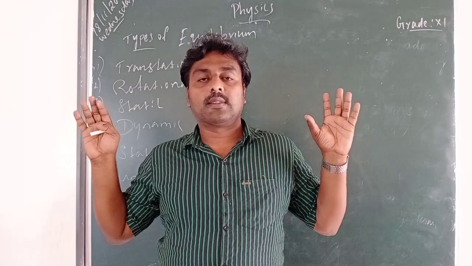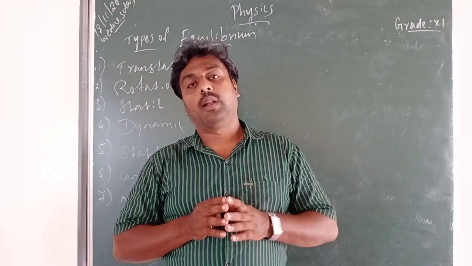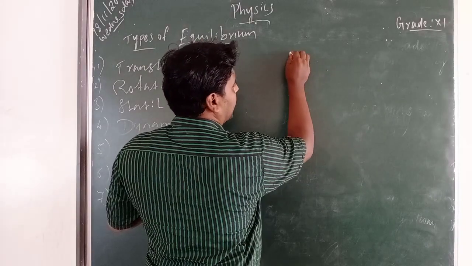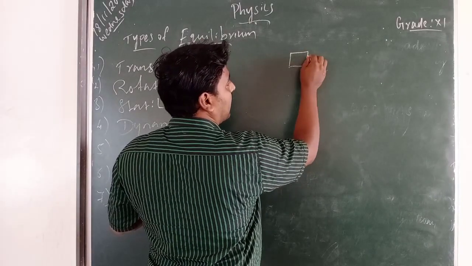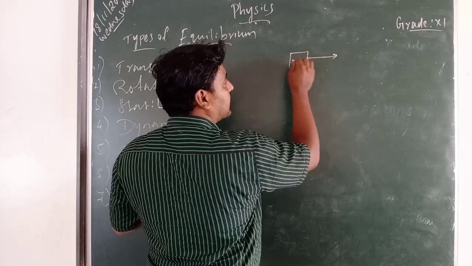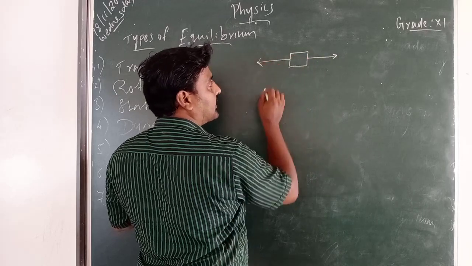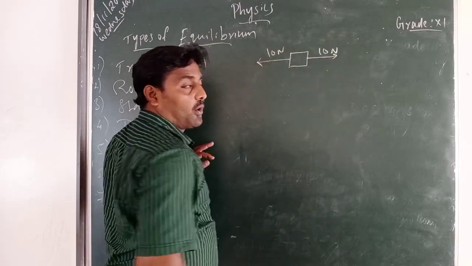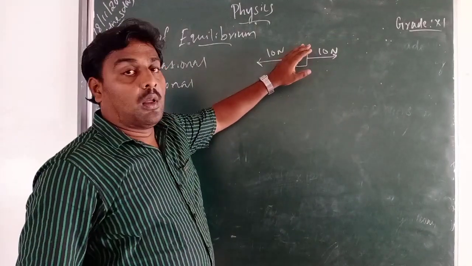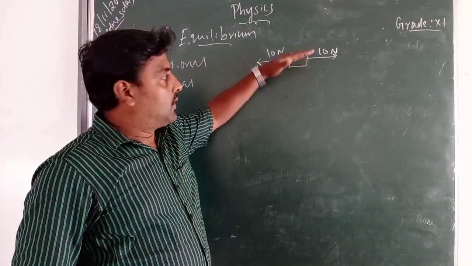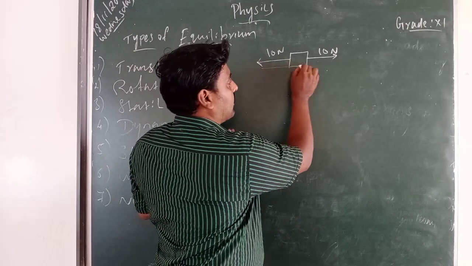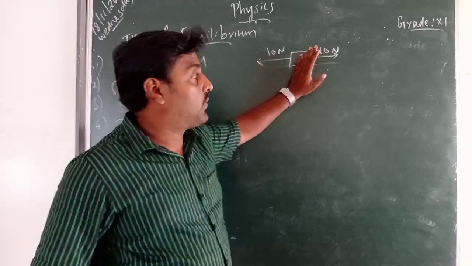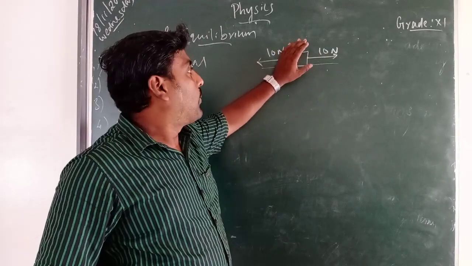During translational equilibrium, what will happen? Let us see. Assume that there is an object which is placed on a horizontal surface. One force is acting on this side and another force is acting on this side. This is a 10 Newton force and this is also a 10 Newton force.